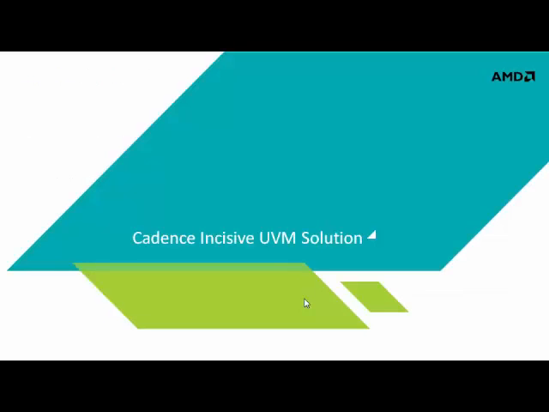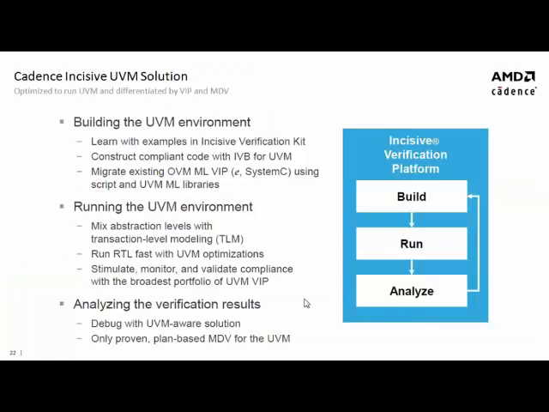Okay. So just as some help for Cadence marketing, the Incisive platform now is optimized to run UVM, and here you can see the Incisive platform allows you to build the UVM environment, run the UVM environment, and then analyze the verification results, all within the Incisive verification platform.